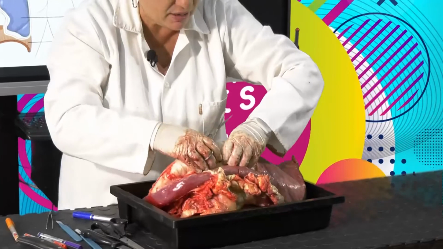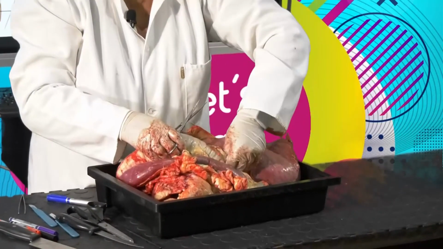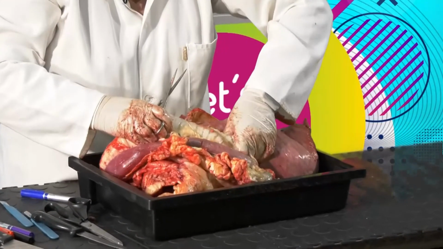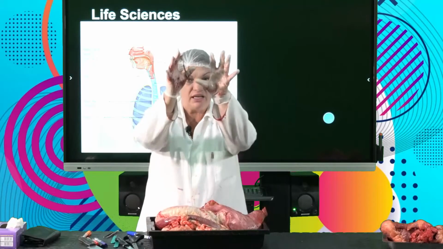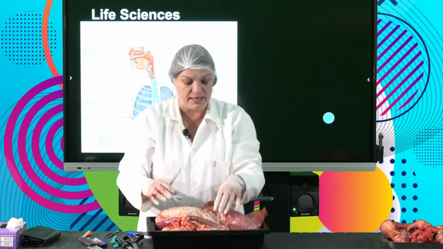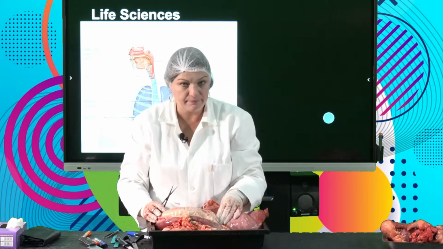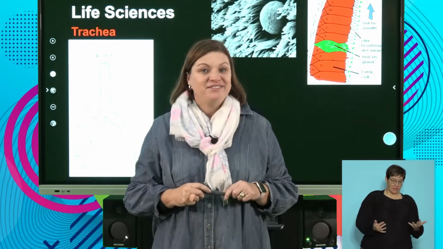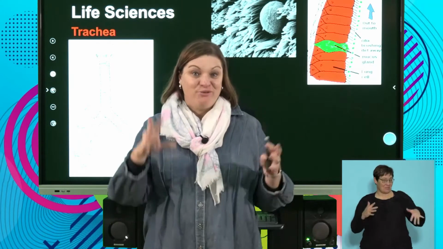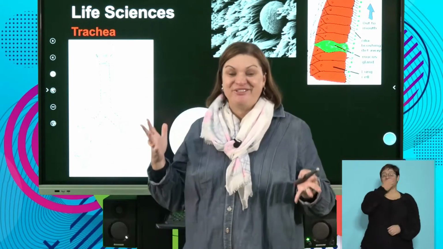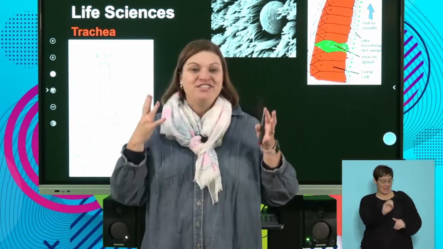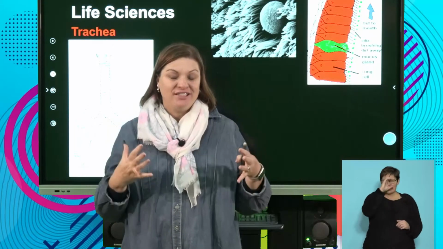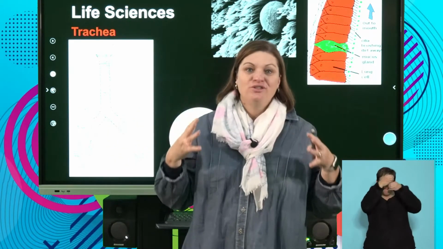Now the trachea, when I get to the bottom here, it's in the lungs, it's too much, I can't really get to it. The trachea is going to branch into two open tubes again called the bronchi. Well, guys, wasn't that quite awesome? It was a huge, big trachea because it was from an ox, but you could see those C-shaped cartilaginous rings so nicely.